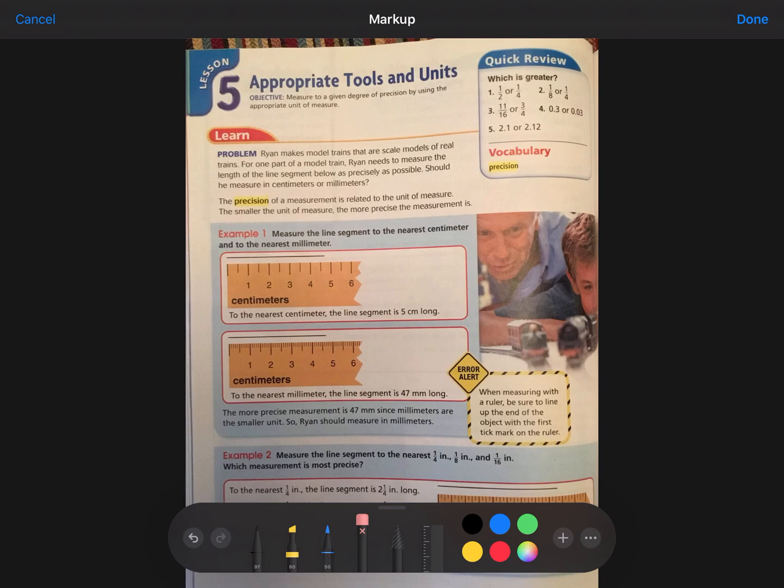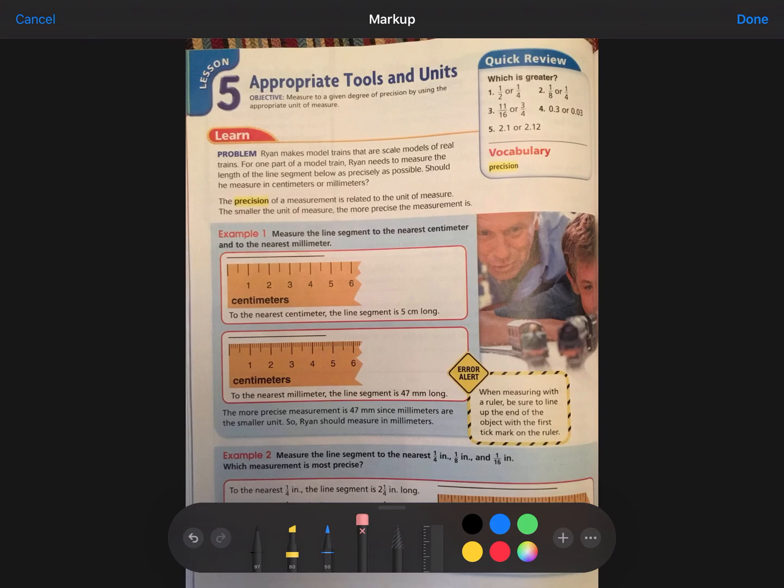Here, they're showing us millimeters by showing us all those little tick marks in between the numbers on the centimeter ruler. So each centimeter is 10 millimeters. So 1 centimeter is 10 millimeters, 2 is 20, 3 is 30, 4 is 40, 5 is 50, and so on. This line segment is clearly between 40 and 50 millimeters because it's between 4 and 5 centimeters.